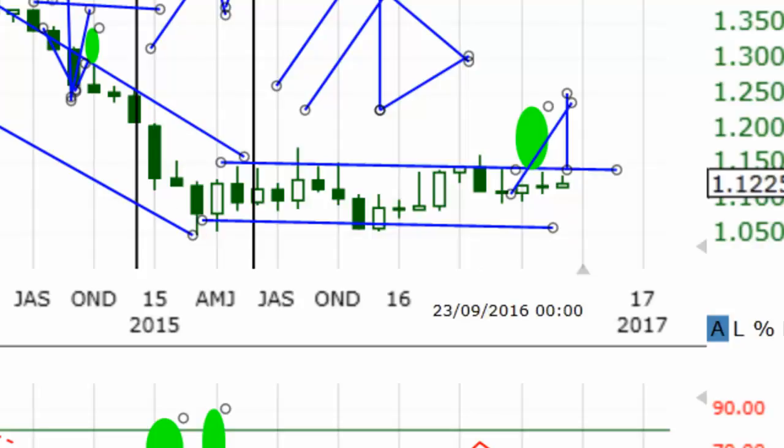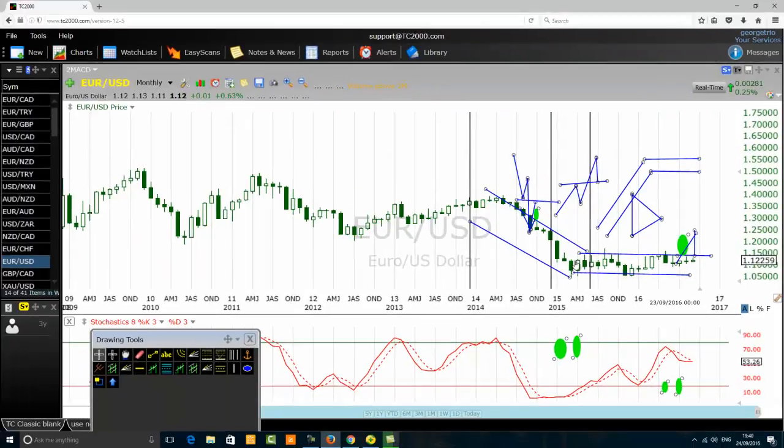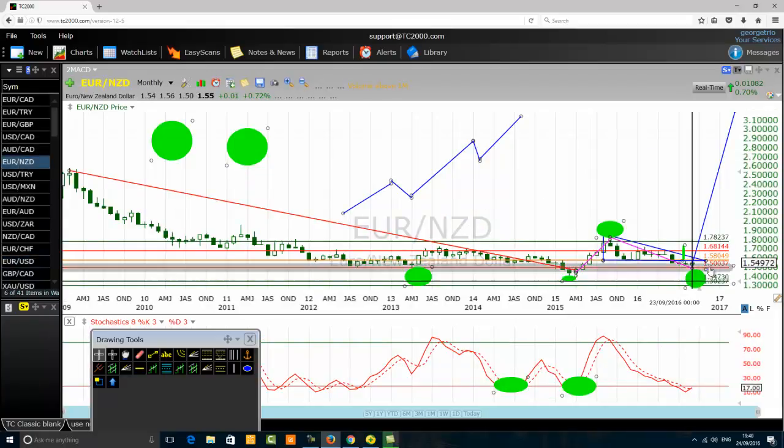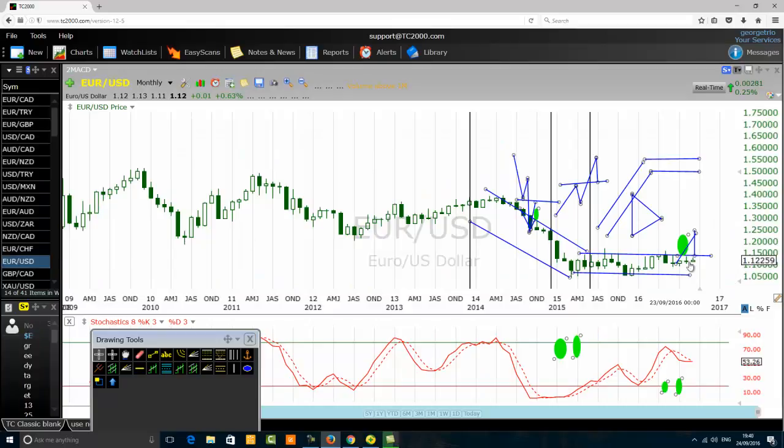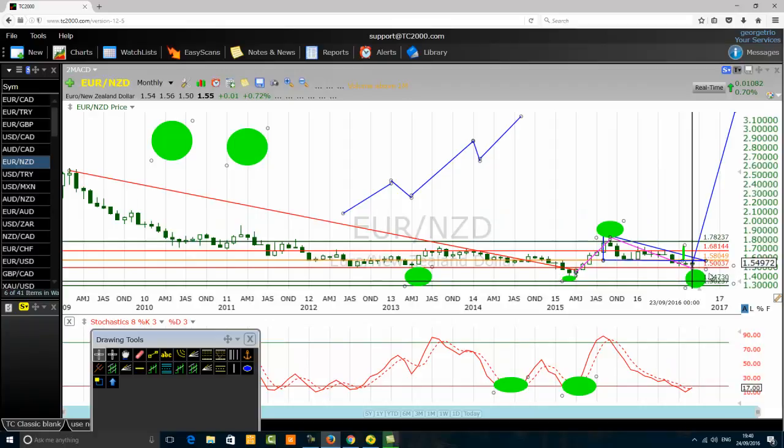So if I compare this market pattern for the euro dollar, which is a horizontal channel, meaning no trend is yet in place, I will put a bit of a question mark on my expectation for the third Elliott wave here. If the euro breaks above that horizontal channel, then I may say that the euro dollar is about to trend, and there is a high chance that the euro New Zealand dollar may also start trending.